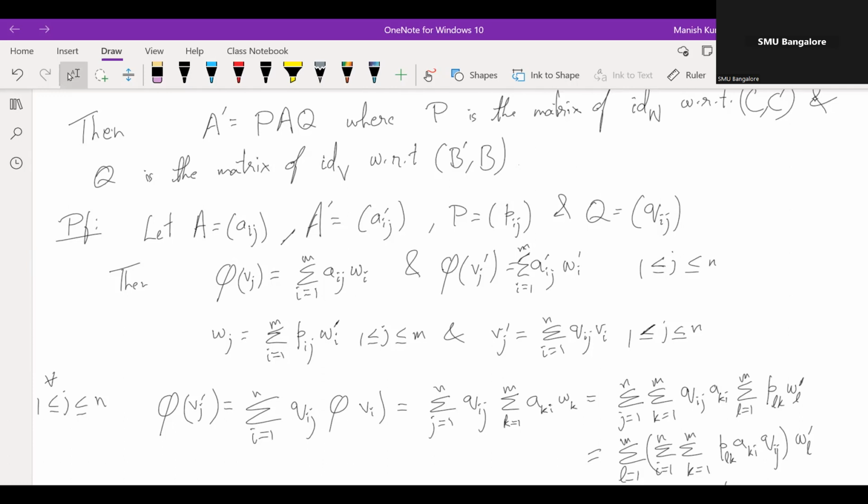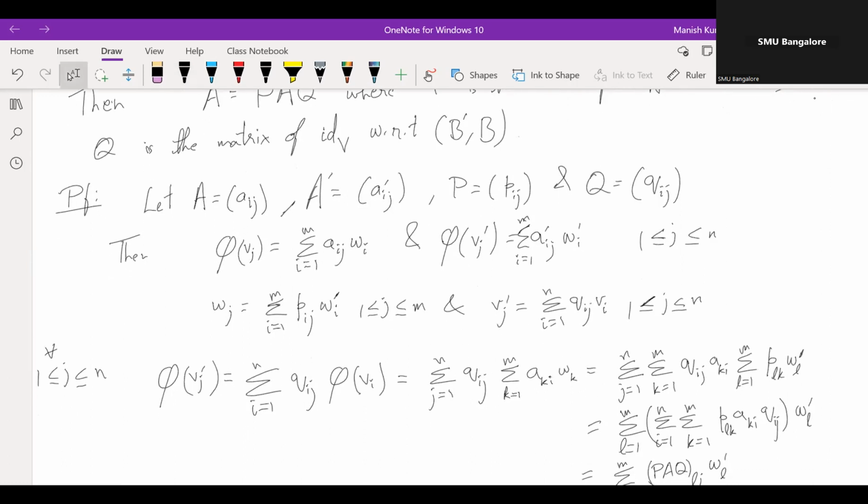You use this identity, Vj prime equals the summation of Qij Vi, the last one which we wrote, and apply phi to it. Phi is a linear map, so all these scalars Qij will come out, and we get phi Vj prime is the summation from i equals 1 to n of Qij phi Vi. Now we want to write phi Vi in terms of the A's and W's.